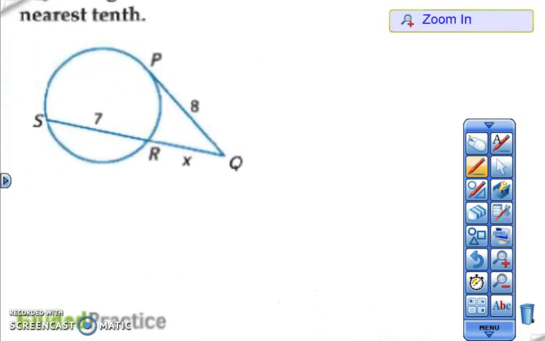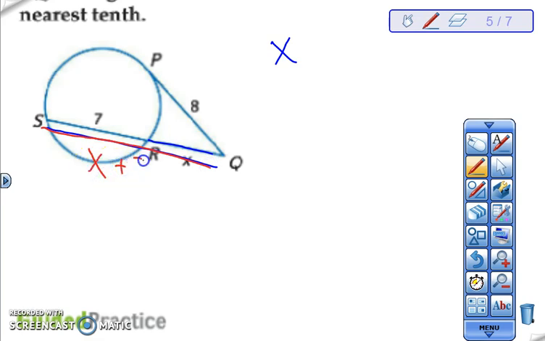So when we're setting this up, we're going to follow the same rule as before. So the external portion is x. Total length is x plus 7.